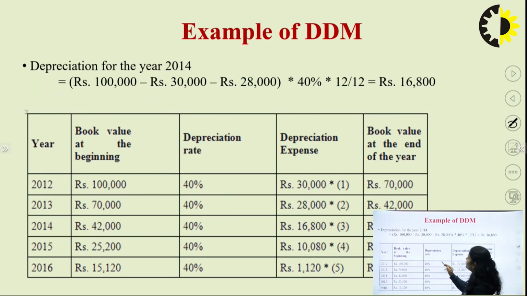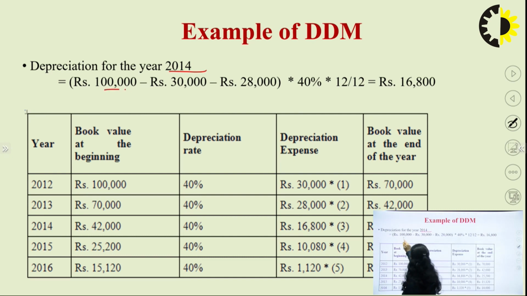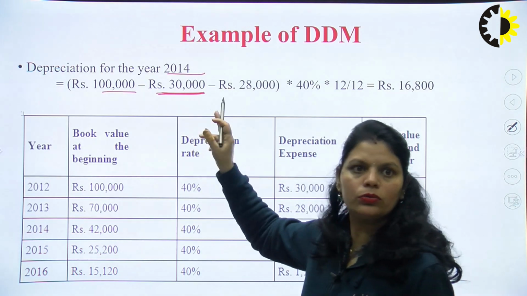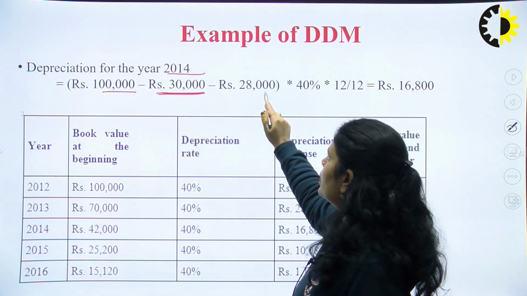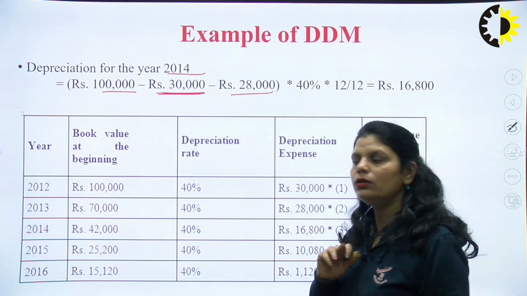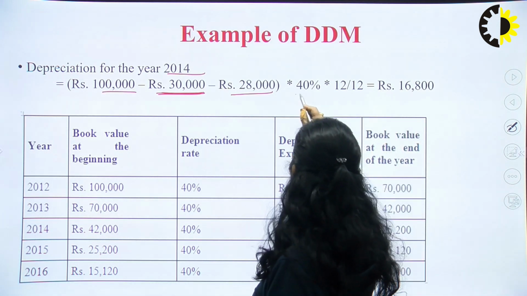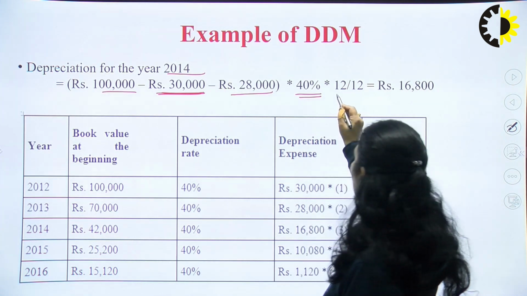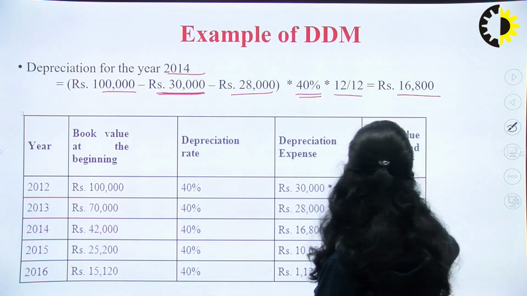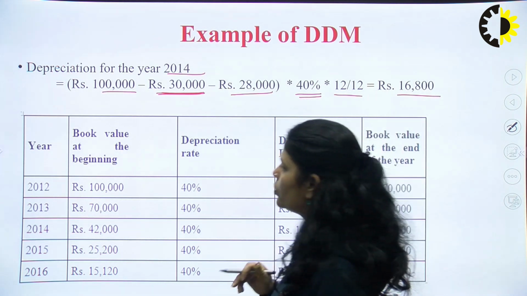Now we will calculate the depreciation for the year 2014. So it will become the cost of the equipment minus the accumulated depreciation during the year 2012 minus the accumulated depreciation during the year 2013, into 40% depreciation rate, into 12 by 12, which comes out to be 16,800 rupees.